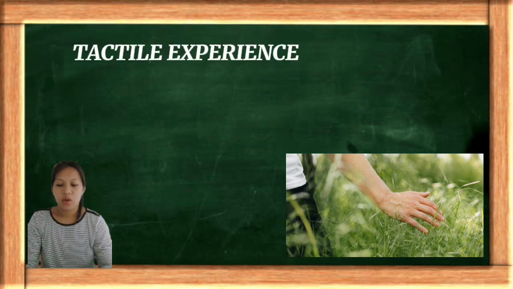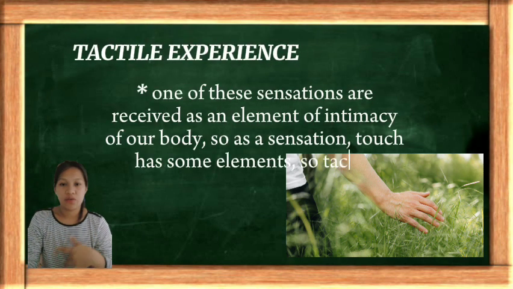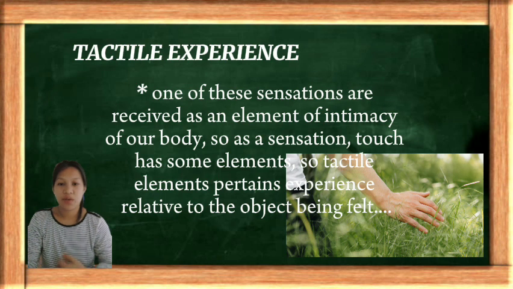So let's move on to tactile experiences. One of the sensations we receive as an element of intimacy is touch. As a sensation, touch has some elements. Tactile elements pertain to experience relative to the object being felt, whether rough, smooth, or soft, while others are called thermal elements. The human body also has different thresholds of tactile experience.